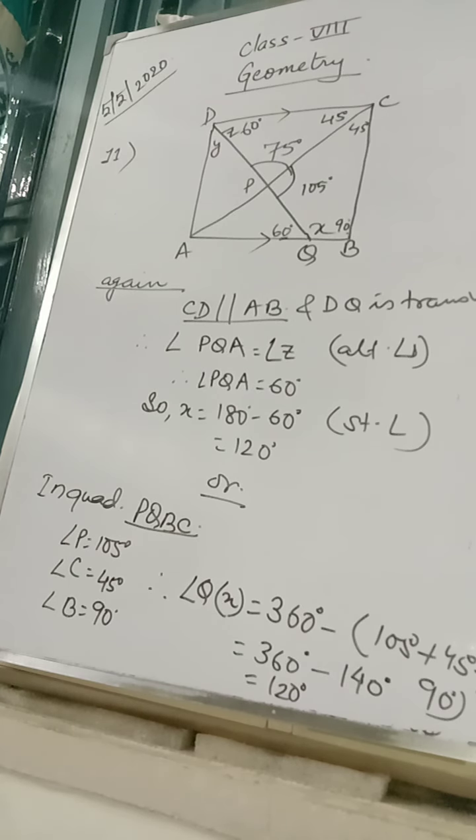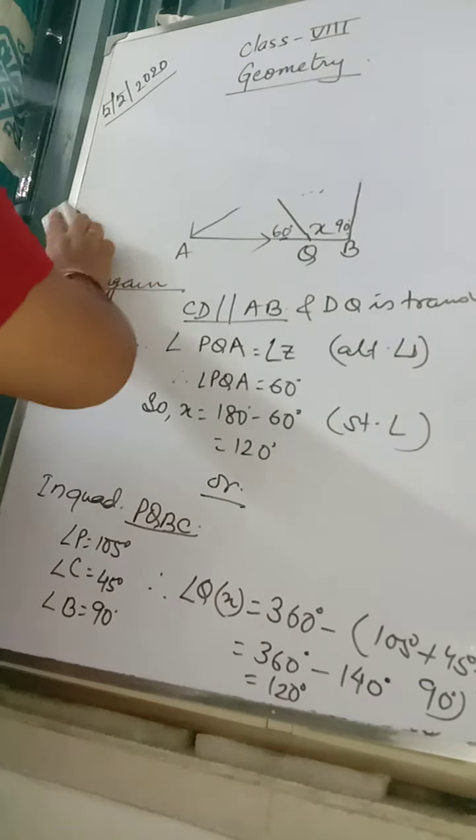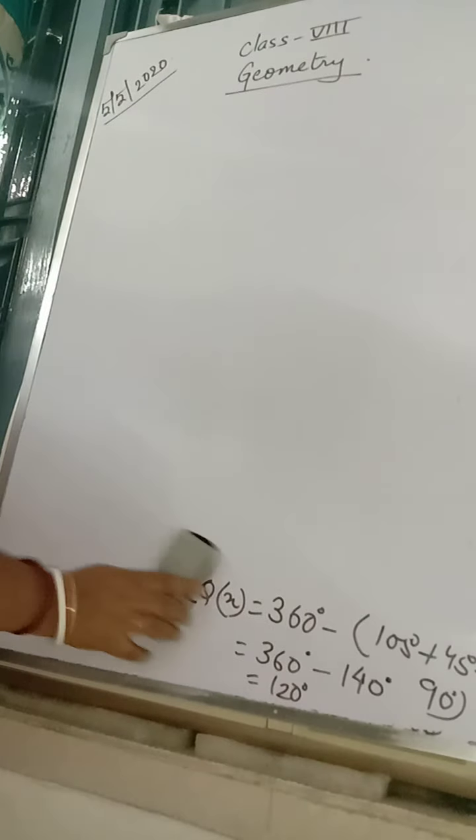Question number 12. Look at the question. In the figure, PQRS is a rhombus and angle SRB is equal to 68 degrees. Find X, Y and Z. Look at question number 12.